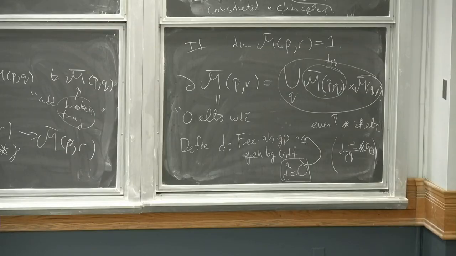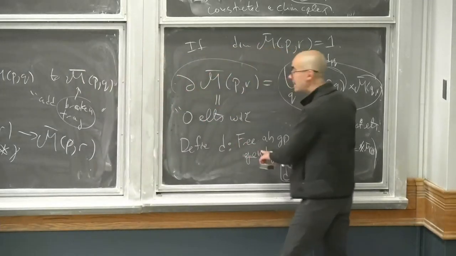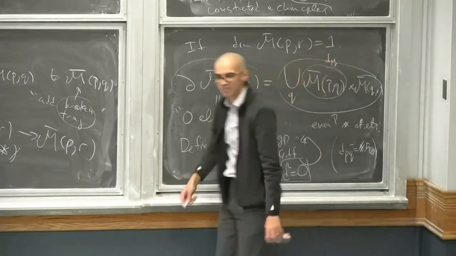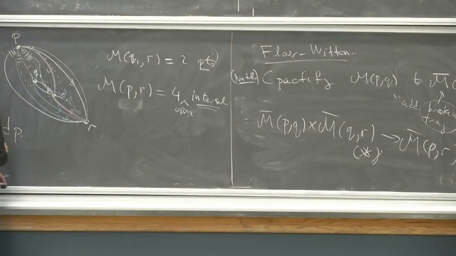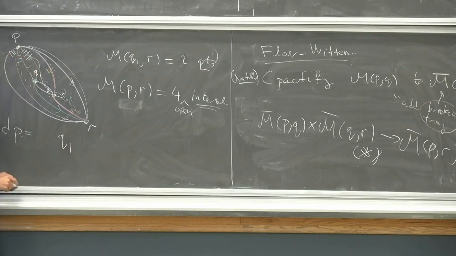Sorry, I'm still a little confused about this boundary map. Can you tell me what the D is? Yes, great. Let's do it here. D of P: there's something that goes from P to Q1, so it should have Q1 in it.